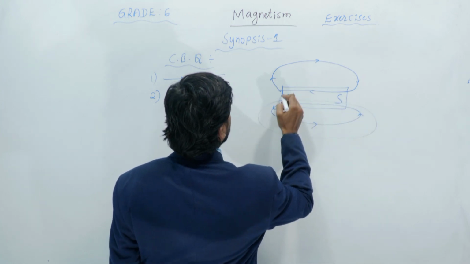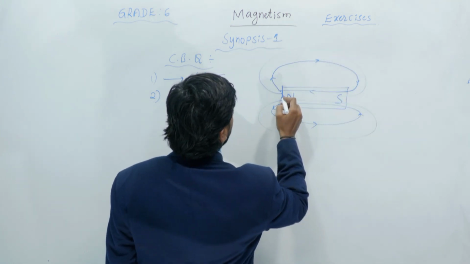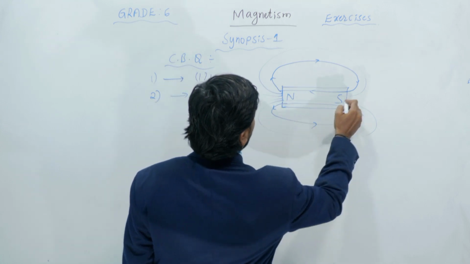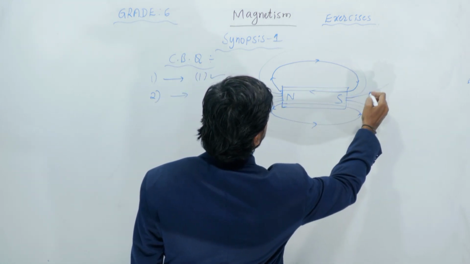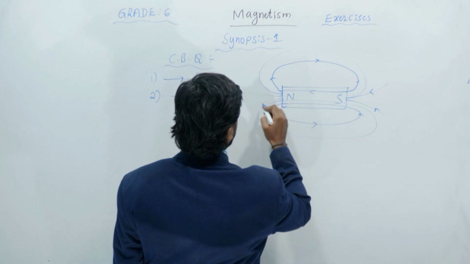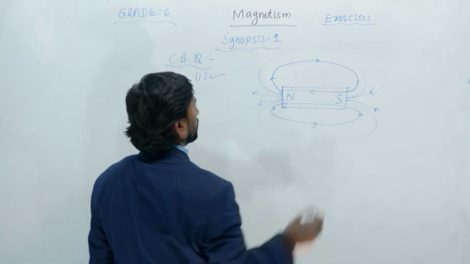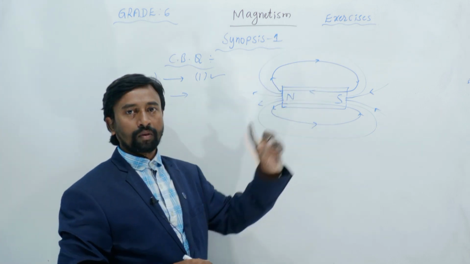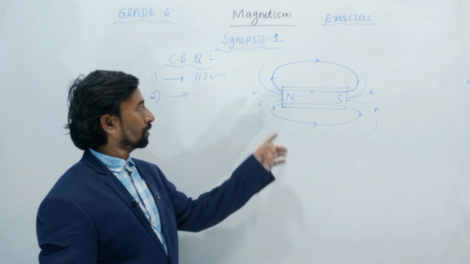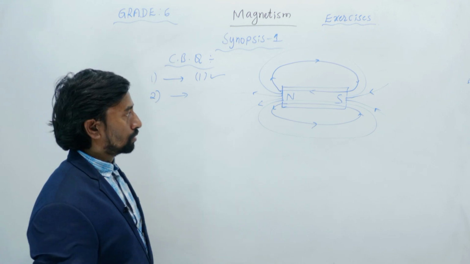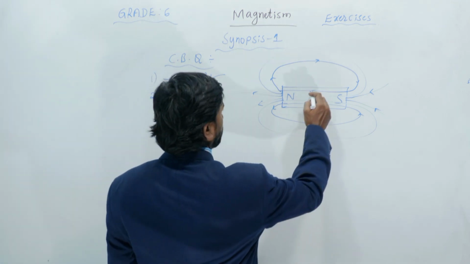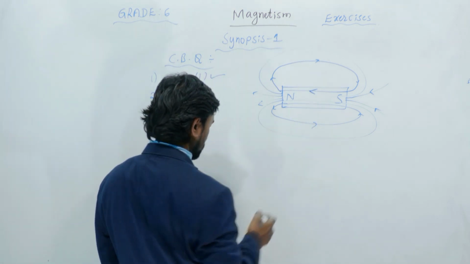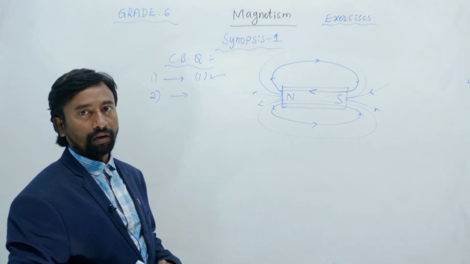These are known as magnetic lines of force, the path of a unit north pole in the magnetic field around the magnet. Due to that, the bar magnet has the force of attraction, the magnetic power.